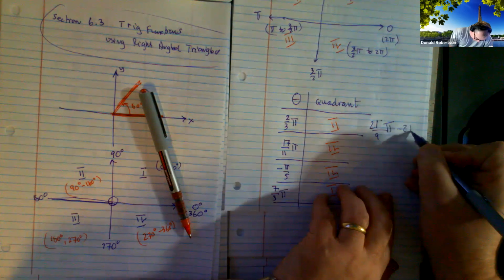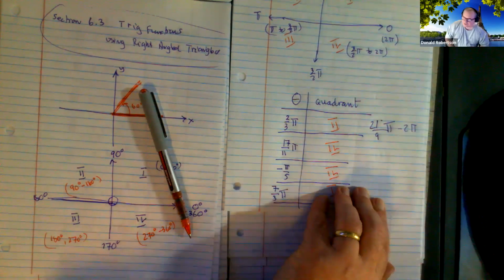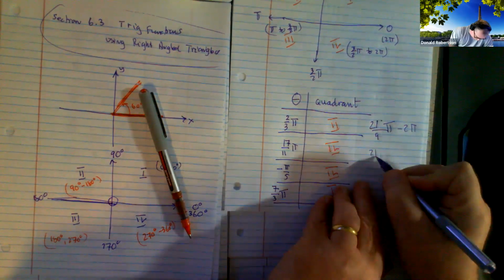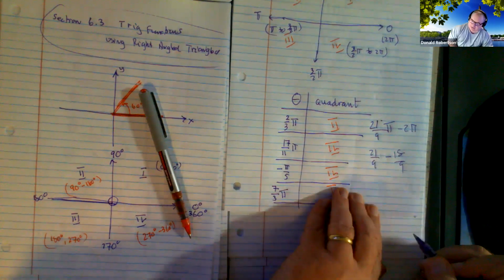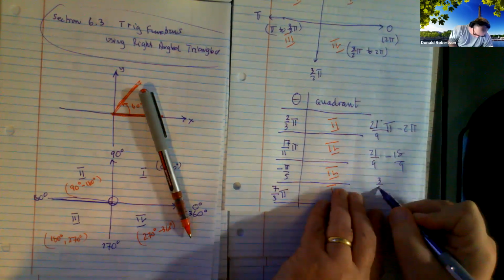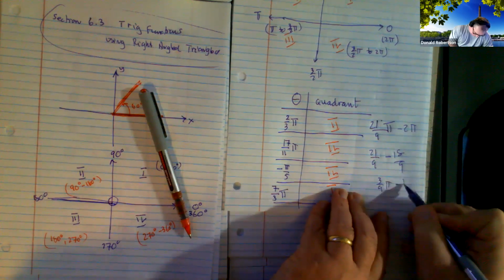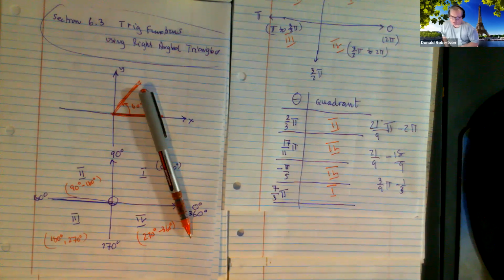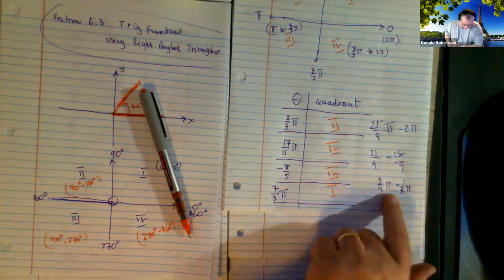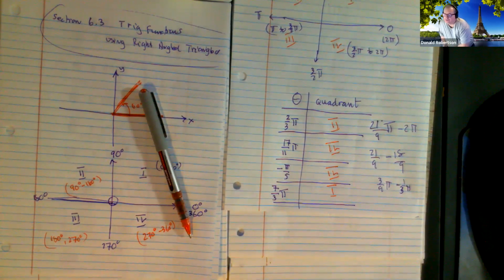But subtracting 2 from 21/9 is a little bit tricky. So couldn't you think of it as taking away 18? And doesn't that leave you with 3/9 pi? And that is 1/3. So you see that one would be in the first quadrant, wouldn't it?